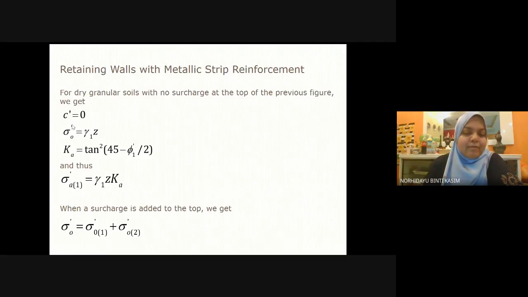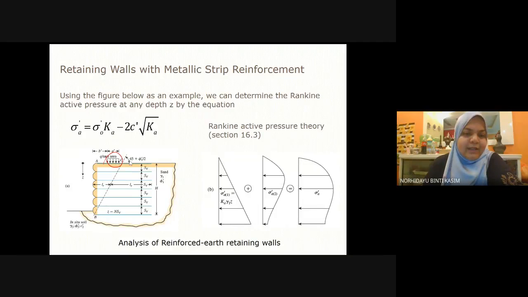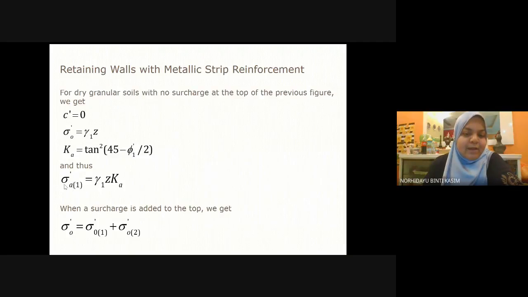Sigma 0 equals alpha gamma 1 z. Ka equals this equation, tangent square of 45 plus phi 1 prime over 2. And then sigma A1 prime equals gamma 1 z Ka.